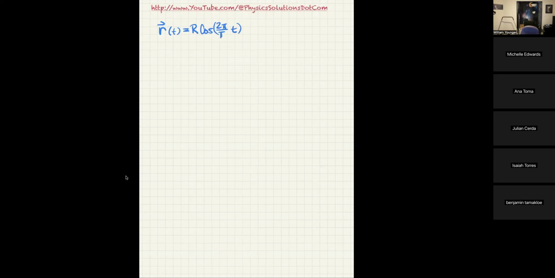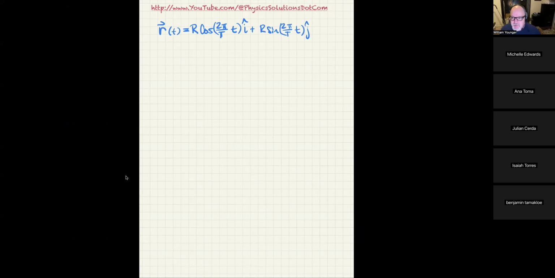So notice the big T is the period of the orbit. That's something we'll hash out in a second. i hat plus r sine 2 pi over T t j hat. That's one way we can write it, but it's not the most efficient.